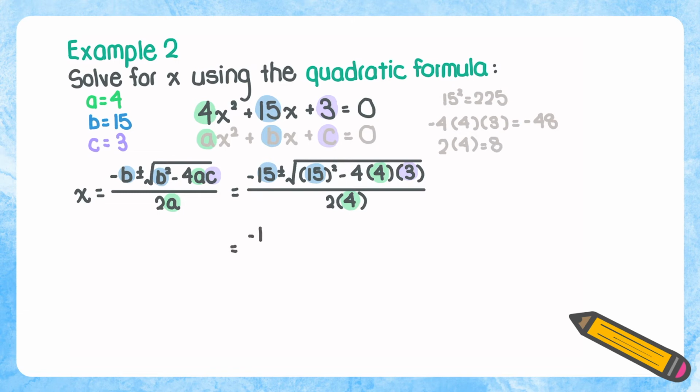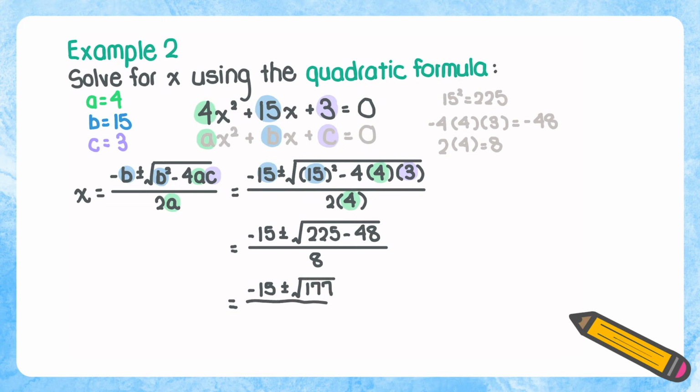So I have negative 15 plus or minus the square root of, so I found that it's 225 minus 48, all over 8. We're going to simplify what's inside the square root. So we have negative 15 plus or minus the square root of 177 over 8.